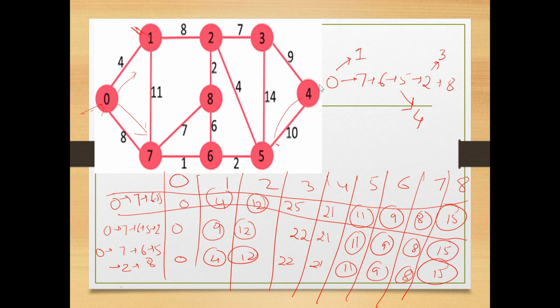If you want to reach node 8, then the best path will be 0, 7, 6, 5 to 8. Then this will be the best minimum cost path. Okay, I hope you got the minimum path to every node.